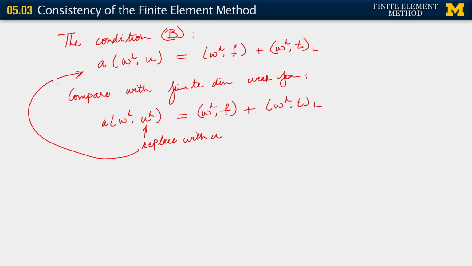If we simply went to our finite dimensional weak form and replaced UH with U, we would get condition B, right? So what is this saying? It is saying that if somehow we were to come upon the exact solution, U, that exact solution also would satisfy the equation we are trying to solve, right?